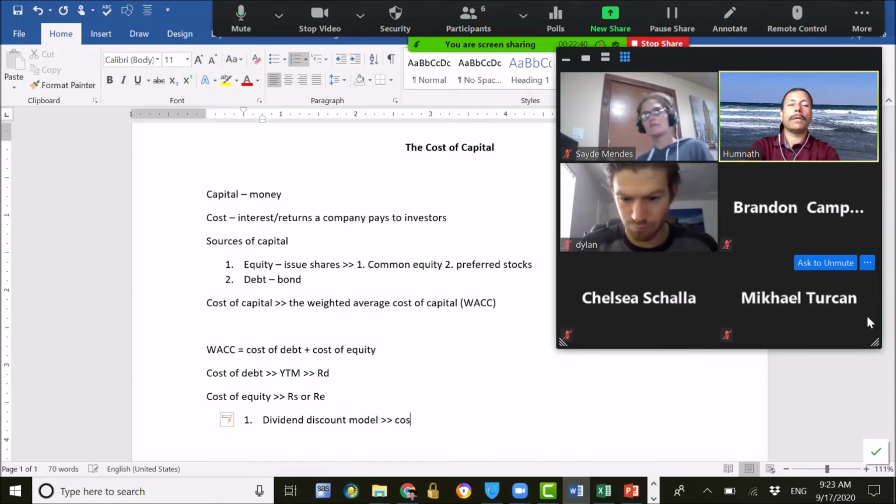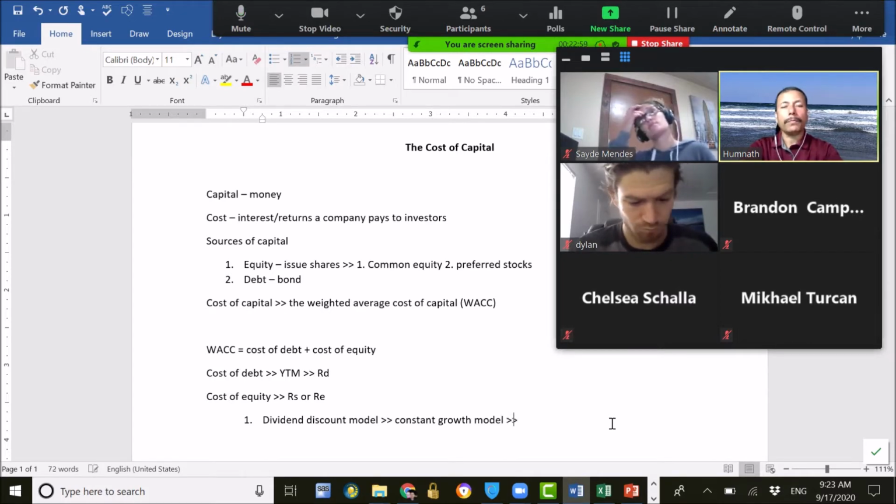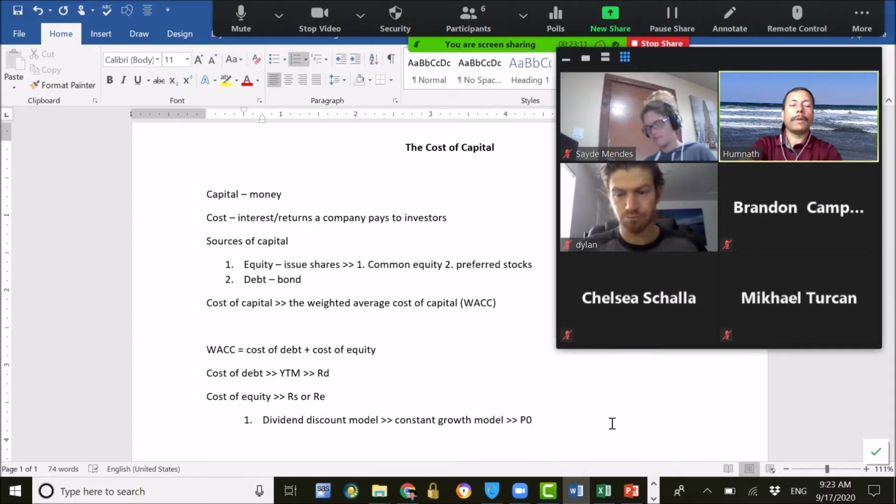We used the constant growth model, and in the constant growth model, let me start with this one: P0 equals D1 divided by R minus G. Do you remember?